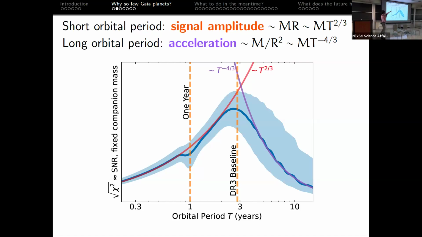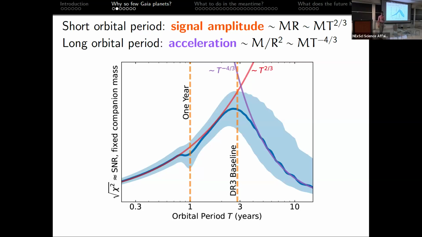And then I use Kepler's third law up there on the top to turn that separation, r, into a period to the 2/3. At long orbital periods, I don't cover that whole orbit, so I don't get to count the semi-major axis. I only measure a little bit of curvature. I'm measuring an acceleration.